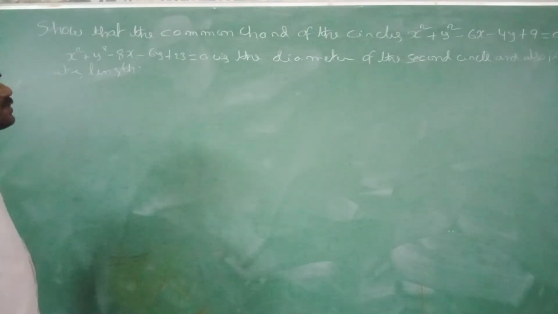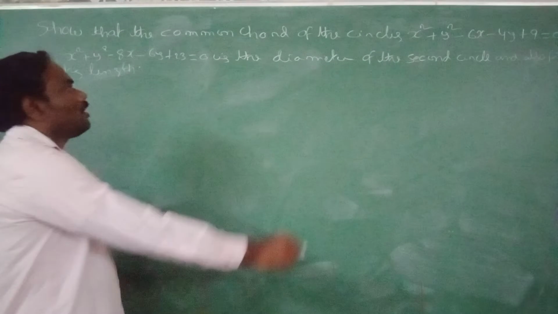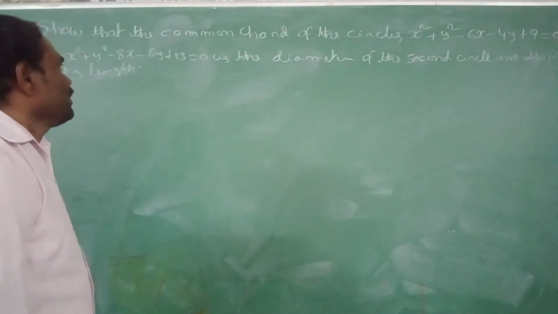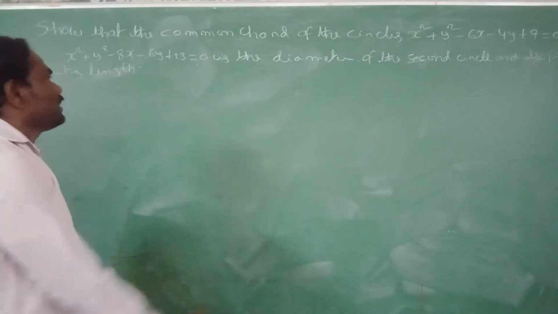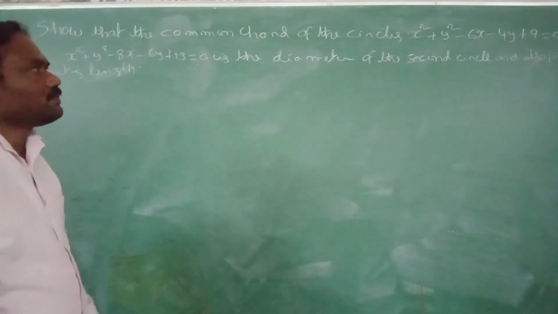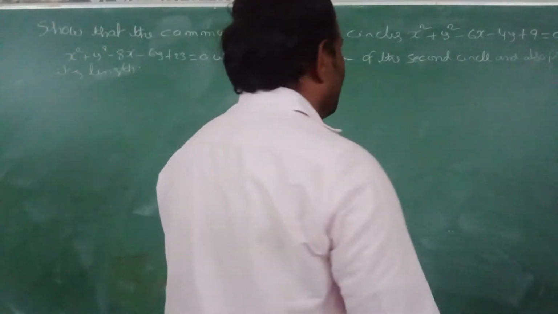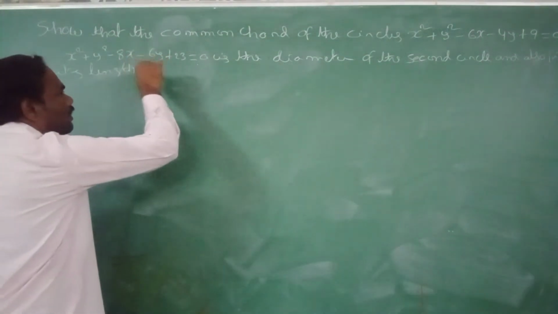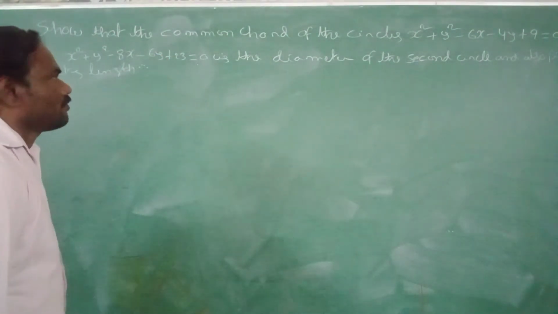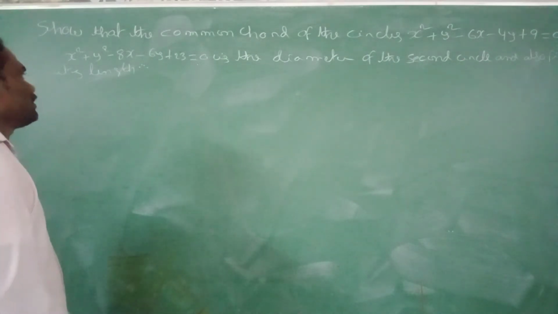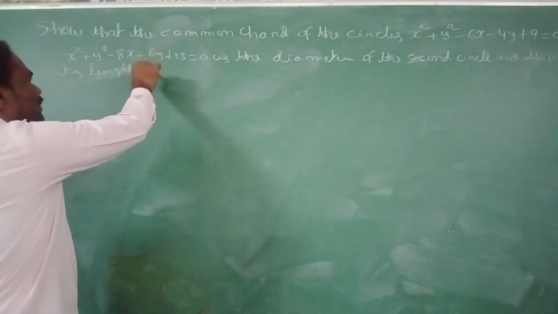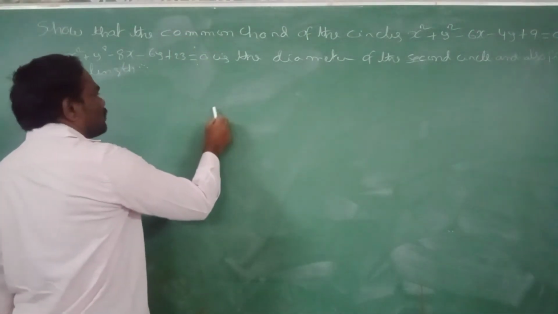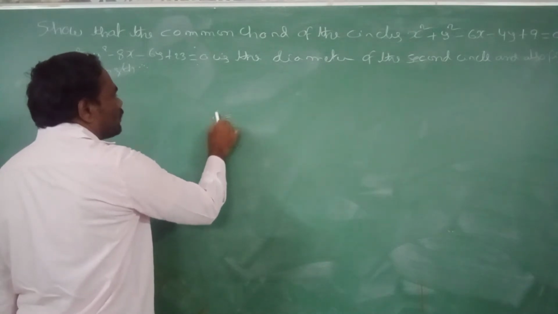In this problem, first we find out the common chord of the given two circles. Second, the common chord is the diameter of the second circle. So the center of the second circle lies on the common chord, and we show that. Also, diameter is equal to 2 into radius.